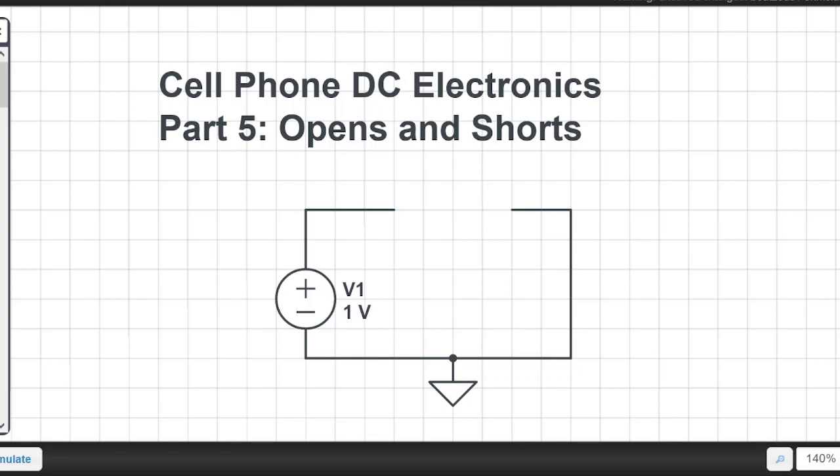So if a bridge is up, that means that nothing can travel over that road. And if the bridge is down, then that traffic can travel again across that road. So an open circuit is when the bridge is up in a circuit.